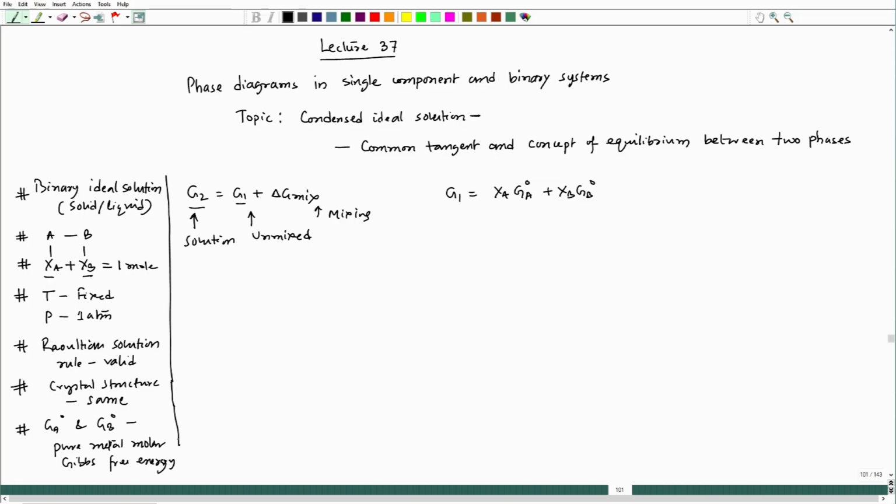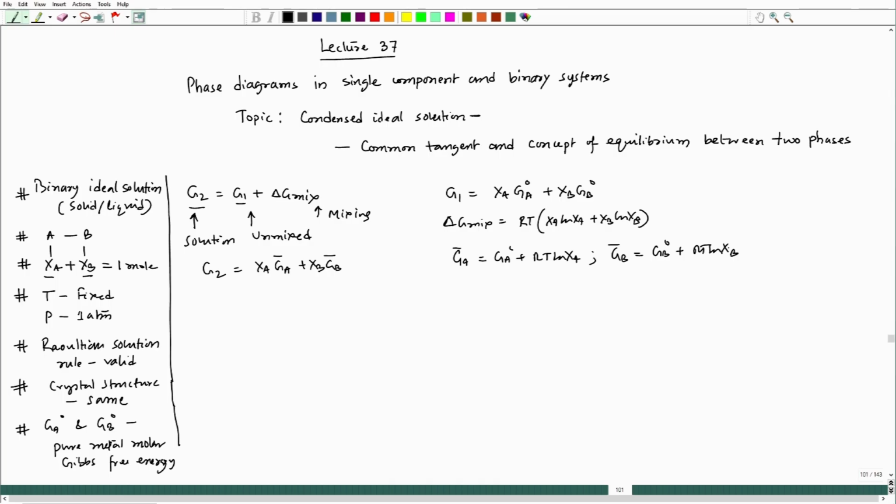So, these are the conditions we have said, and delta G mix is nothing but RT (XA ln XA plus XB ln XB). Okay. And G2 can be also written as XA GA bar plus XB GB bar, where GA bar equals GA naught plus RT ln XA and GB bar, which are basically partial quantities, equals GB naught plus RT ln XB. So, these are the formulas.